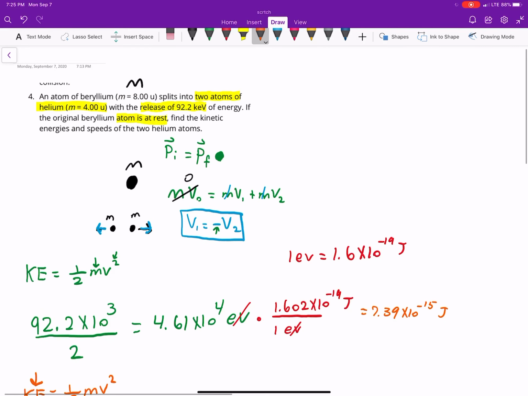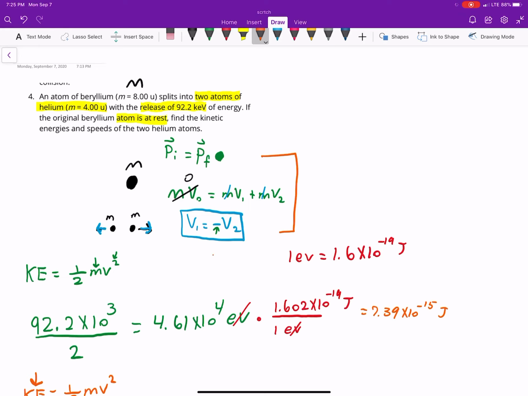So just to mention, I guess we really didn't need to do momentum. I don't know what I was doing here, but I guess it just shows that they go in the same direction. Anyways, we find the kinetic energy by using the equation and recognizing that both atoms will contribute half of the 92.2 because they're identical.